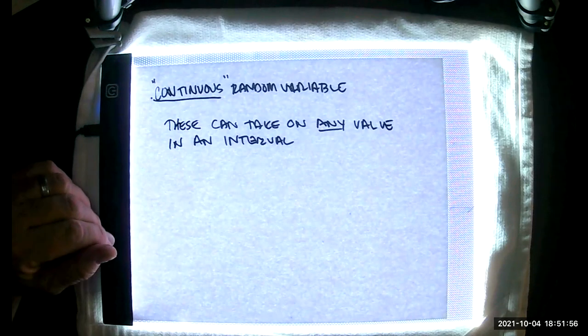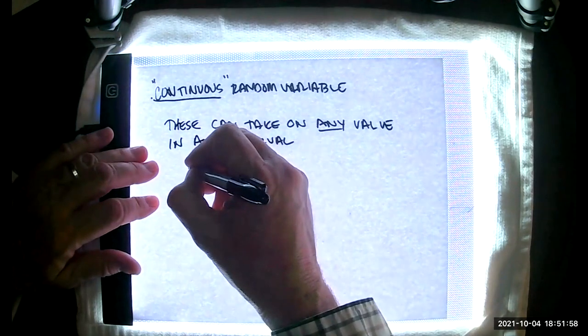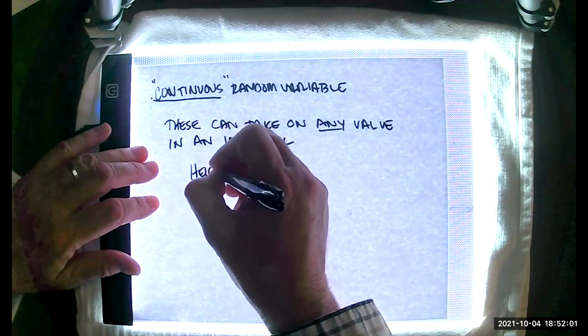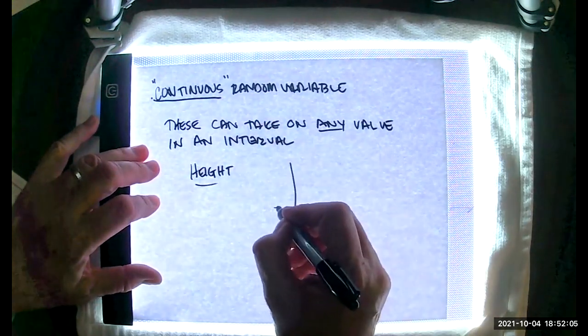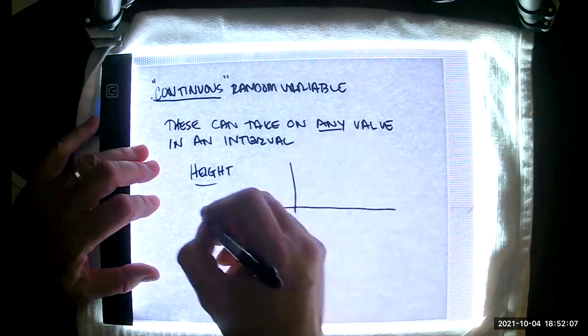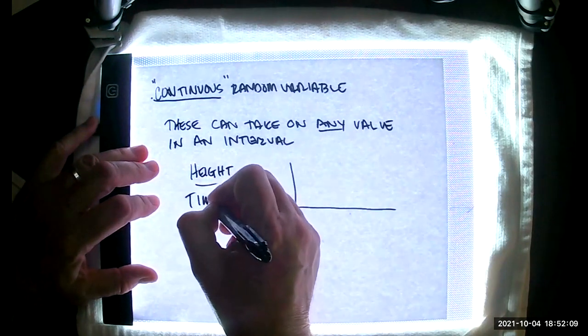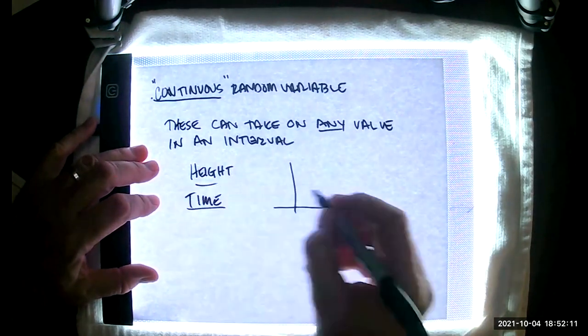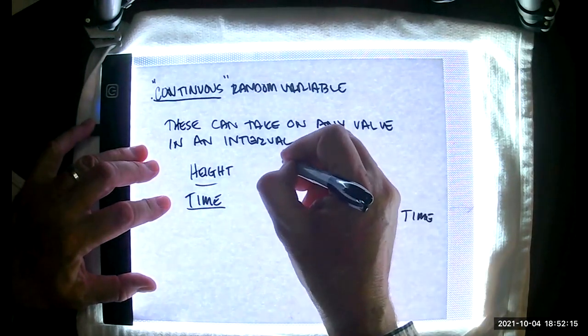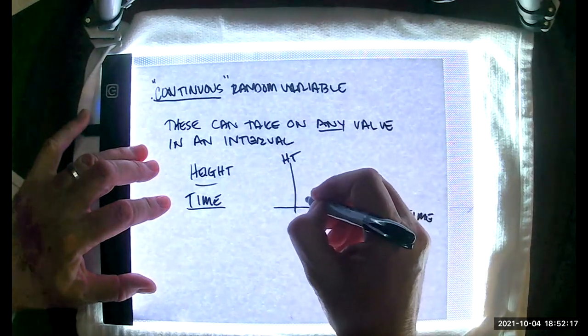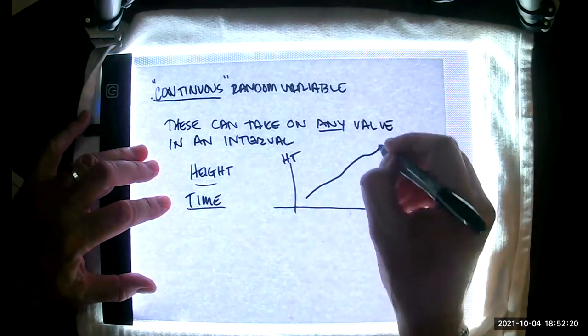Very common ones are things like height and time. If you're taking a look at height and time, with time on your x-axis and height on the y-axis, people grow up.